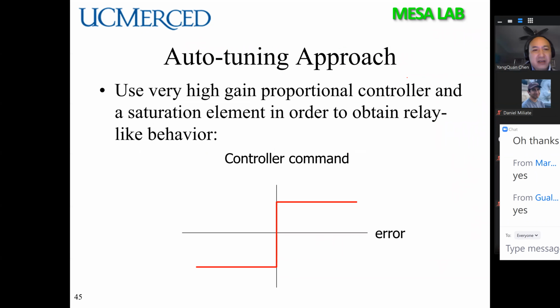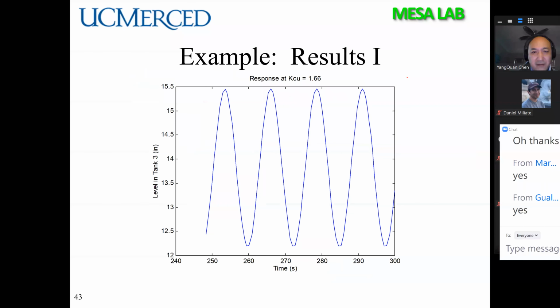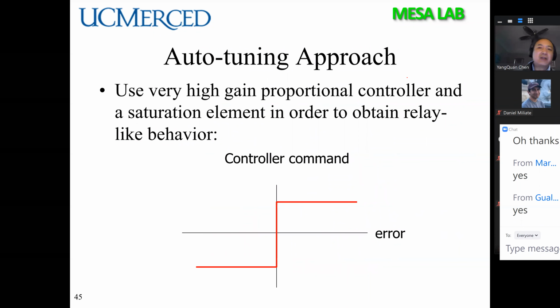Okay, so let me do this. We use what is called a relay property. If the input is positive, the output is 1. If it is negative, it is -1. This is the relay. I put this relay into the system.